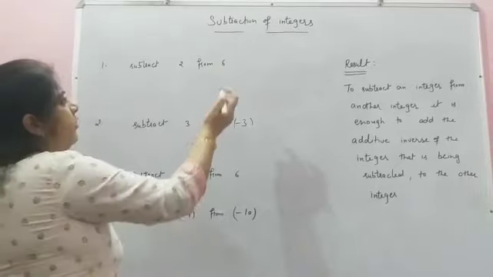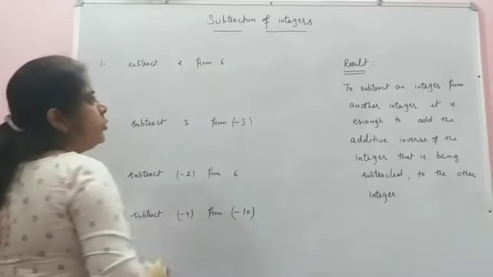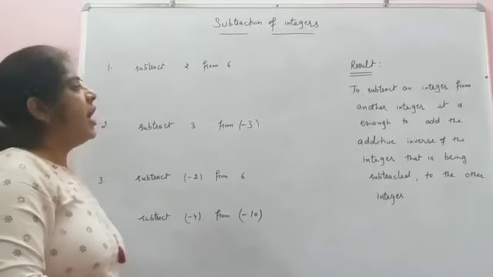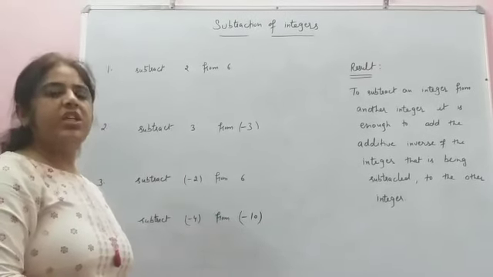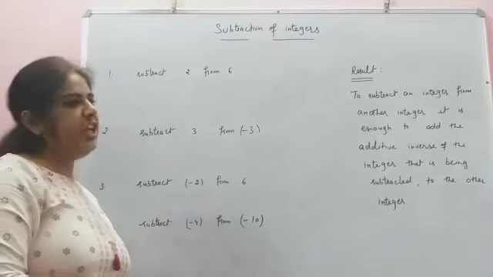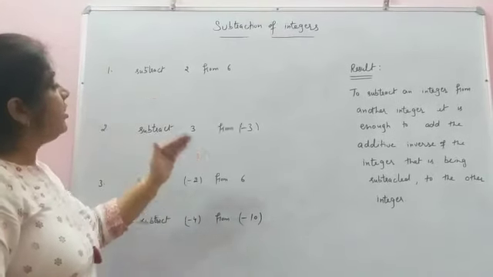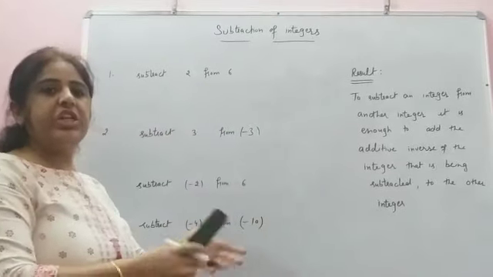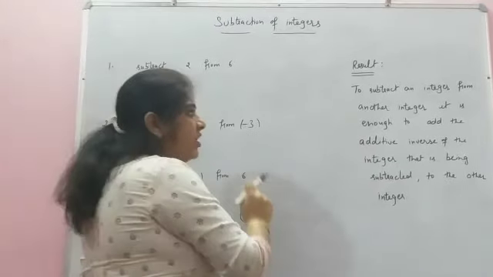Now we are here with the subtraction of integers. Students, we have discussed how to add the integers, and also we have discussed what the additive inverse of any number is. So we will relate the subtraction of integers to the addition and the additive inverse. What is the result?